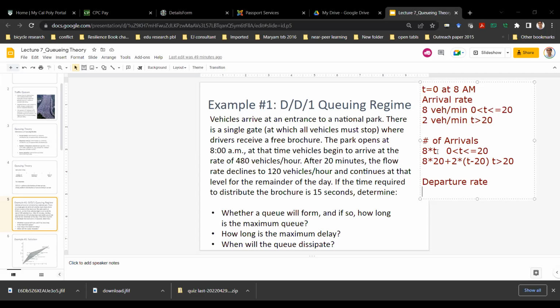So I will make this 4 vehicles per minute, and this value is for all times t, because for all values of t, this is what the departure rate looks like. This is good news for us, because if we want to write down the number of departures, that should be a very simple equation. What would that look like? Number of departures at any given time t: 4 times t, right? That's it.